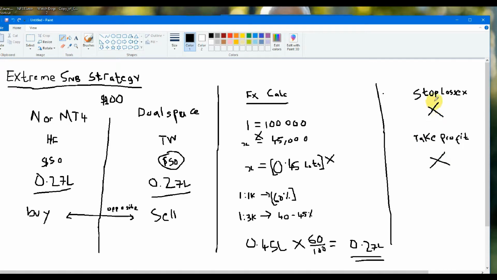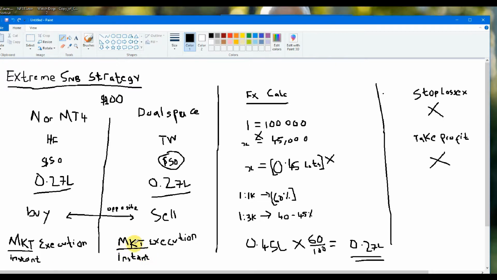What we're going to be using are market execution for both accounts. Okay, for some brokers it's going to say instant. So what we're going to be using is market execution or instant, depending on the broker that you have.